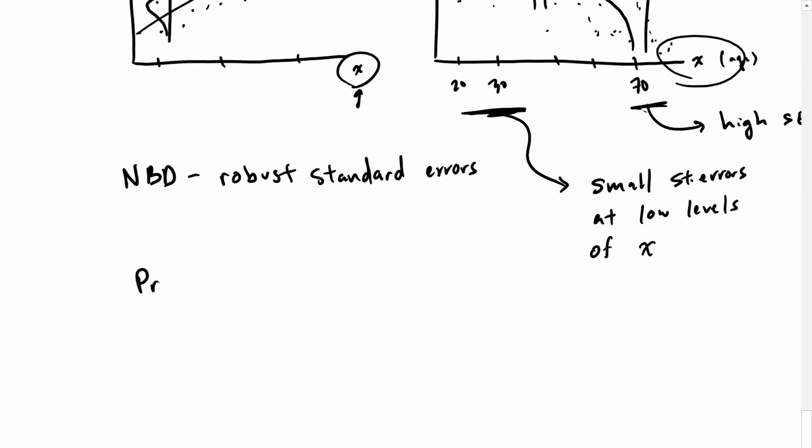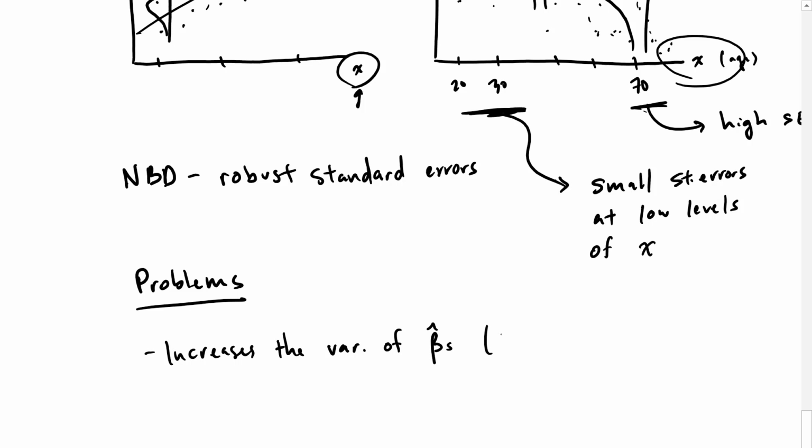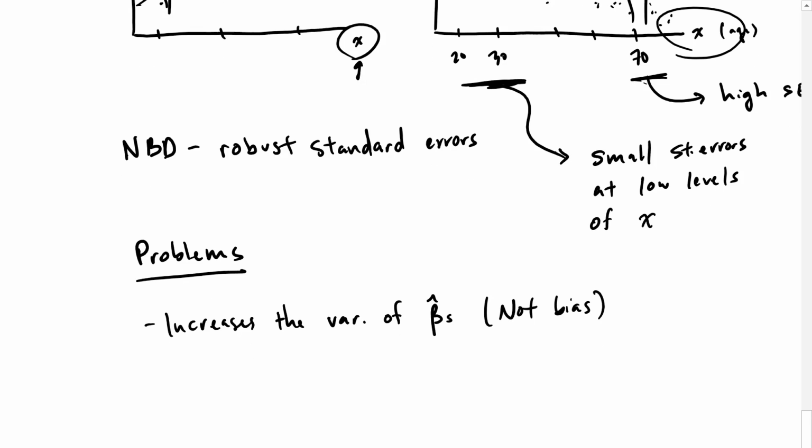The problem with that is that it increases the variance of the betas again, but again, it does not bias the betas, and it'll end up underestimating the standard errors of the betas if you don't correct for it.